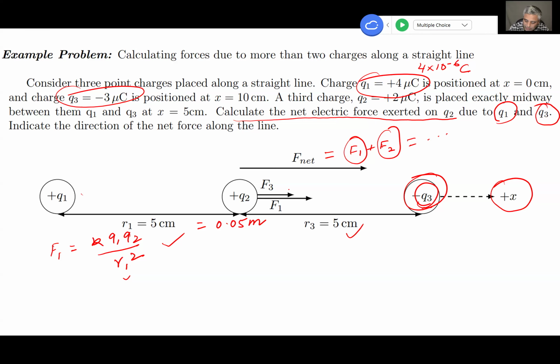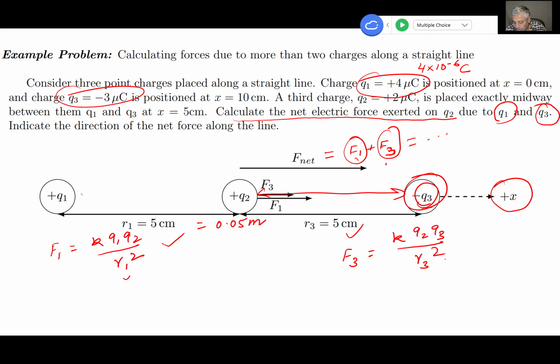So similarly, to calculate F3, oh, it was F3. Why did I write F2? F1 and F3, that's how I have denoted. Okay, so to calculate F3, you do the same thing. Now, this is the force between these two charges, means it has to be Q2, Q3, and R3 squared.